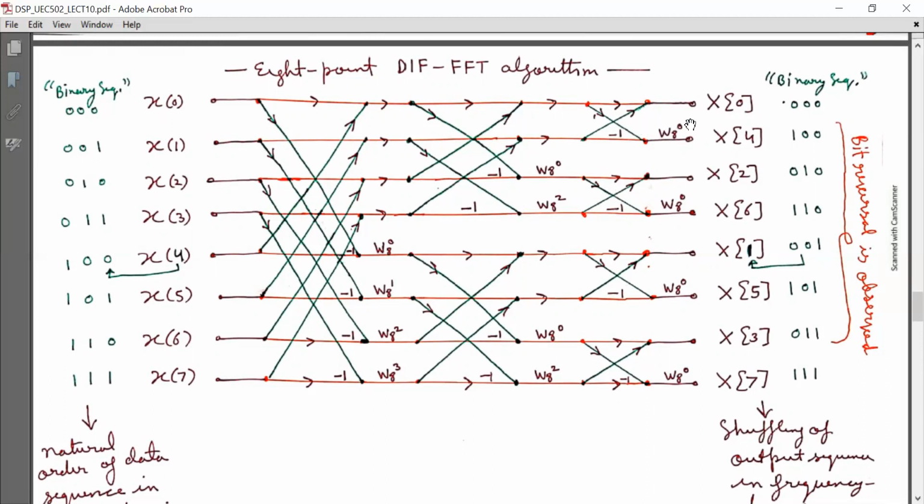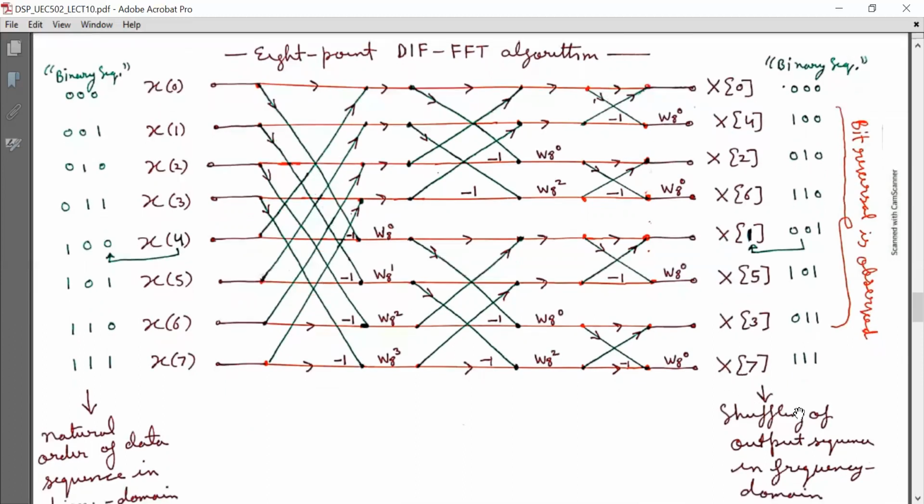So by the signal flow diagram and decimation, at the output we get capital X0, capital X4, capital X2, capital X6, and so on in shuffled order. That is, shuffling of the output sequence in the frequency domain occurs. Here this 0 is k equal to 0. Here 4 is k equal to 4. So 0 is in binary 0, 0, 0, 4 is 1, 0, 0, 2 is 0, 1, 0.